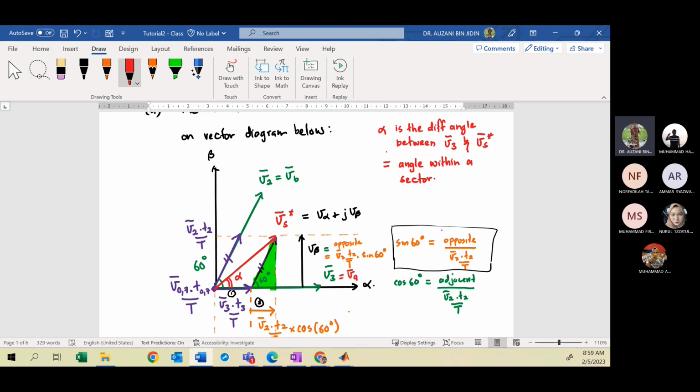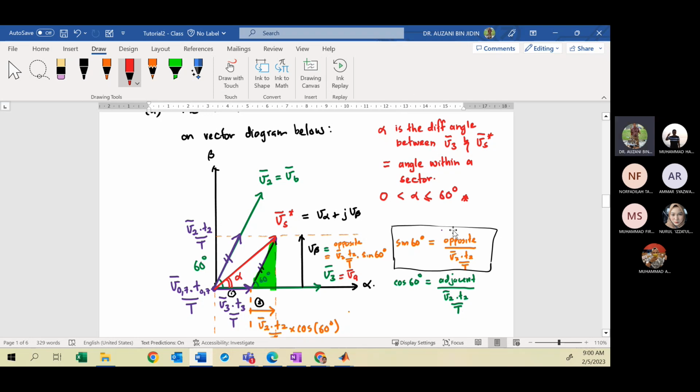It cannot be negative or larger than 60 degrees. So that's why we can define alpha as the angle within a sector. For this case, in sector 2. Okay. So that is the definition of alpha.